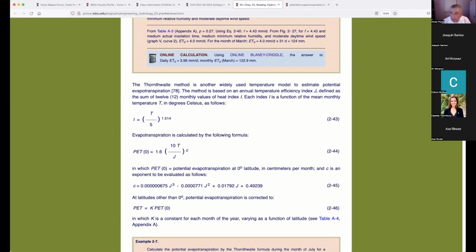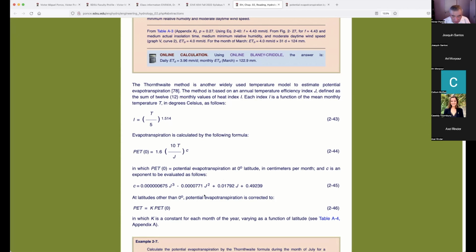A spline is typically an equation like this, 245, where you have a power function, a very complex power function. So that's for the exponent. That's the C of the PET, where PET stands for potential evapotranspiration.